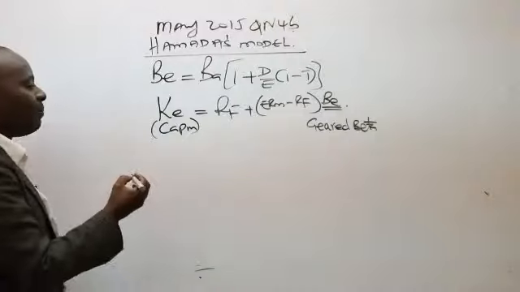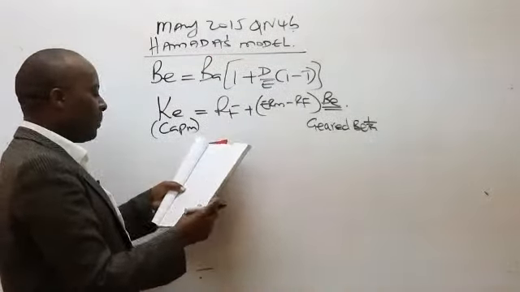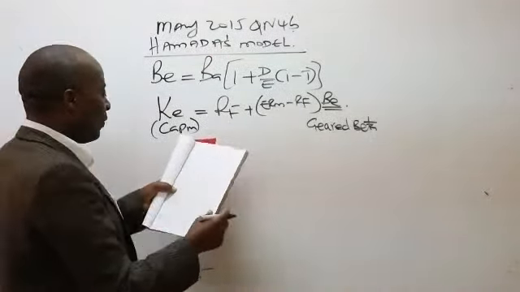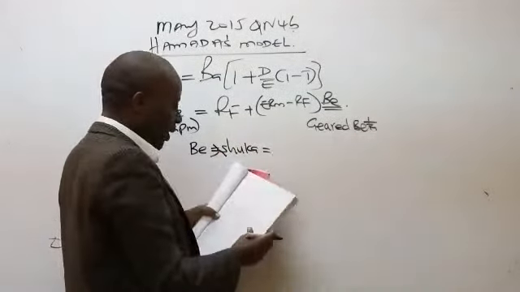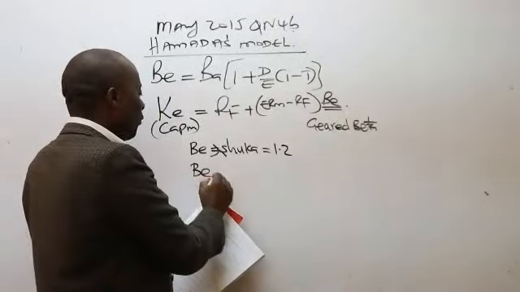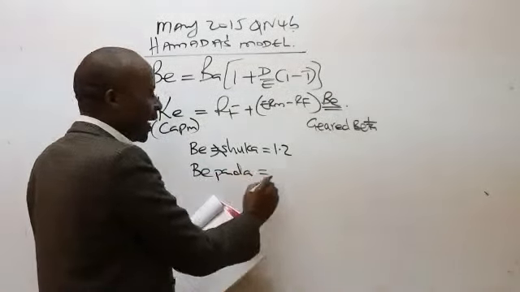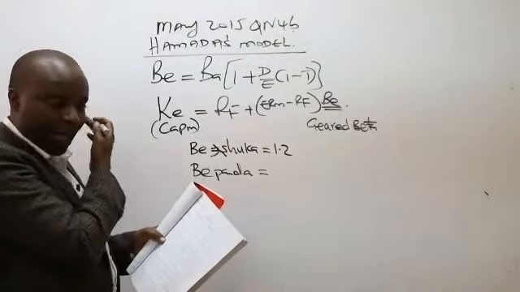But remember, the examiner has given you 2 equity betas. The examiner has given you beta equity of Shuka as 1.2. He has also given you beta equity of Panda. Remember, the two companies are coming together through an acquisition.